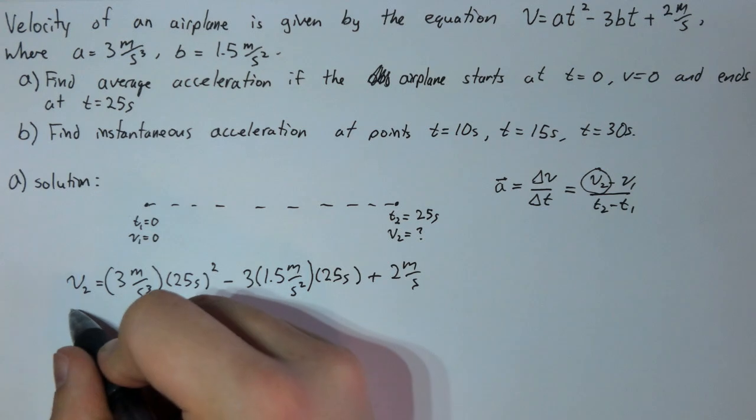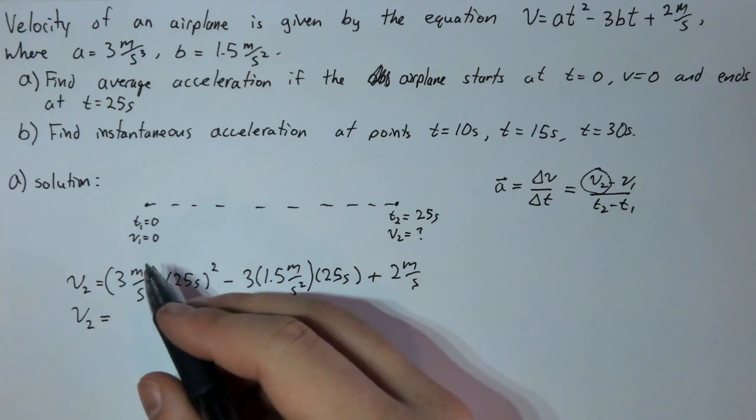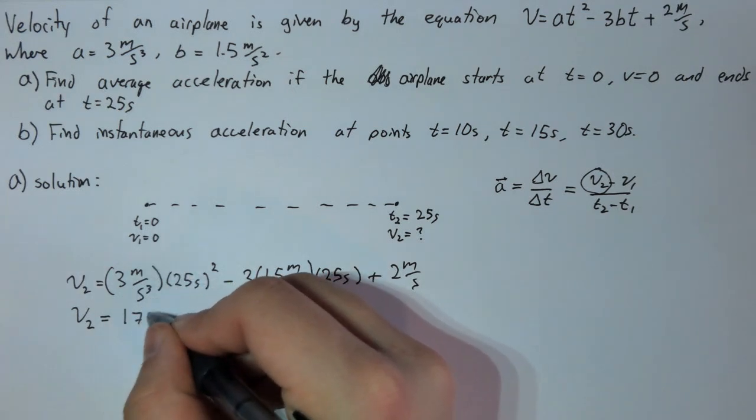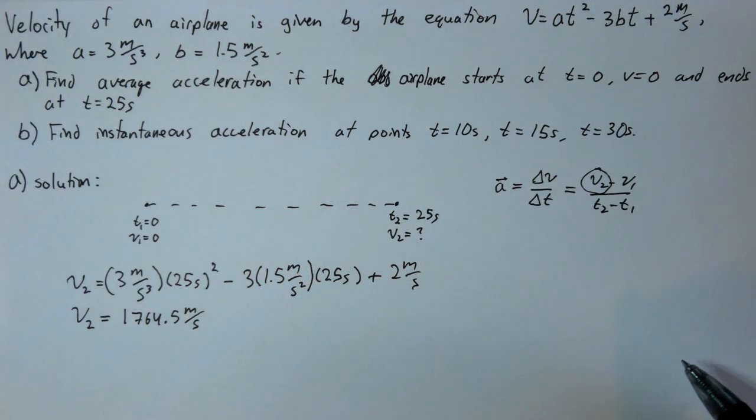And that gives us a v2, if you plug that all into your calculator, of 1,764.5 meters per second. So quite fast.